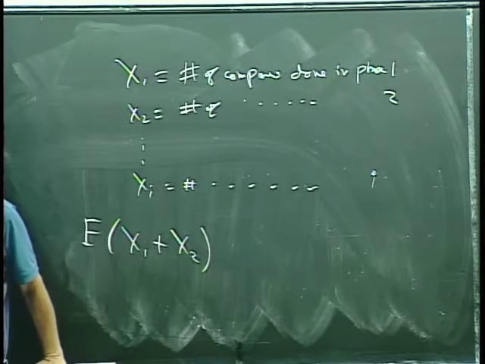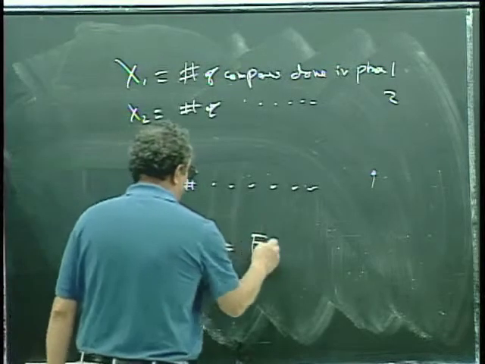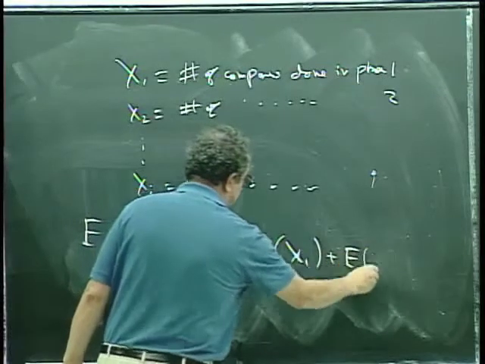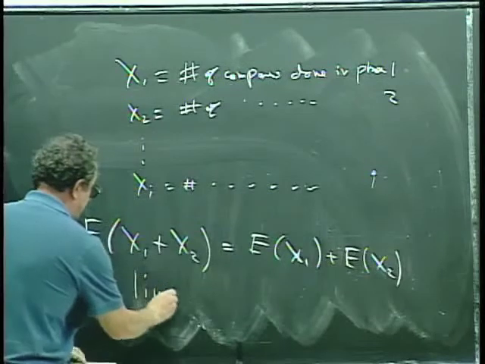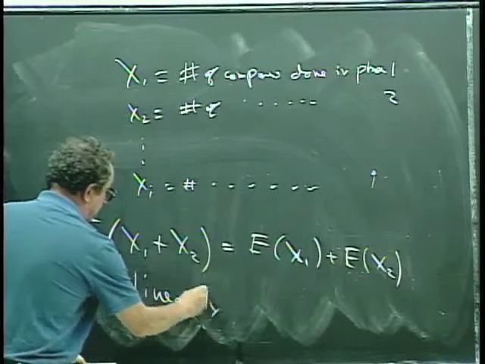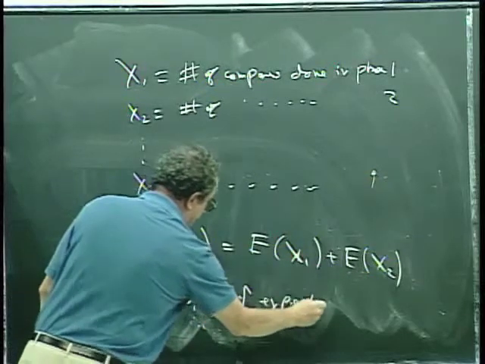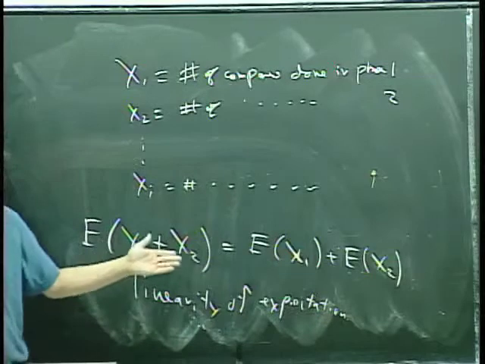I don't know what the first is, maybe just the definitions of things. This is the expected x1 plus expected x2. This is called the linearity of expectations. Okay, so you just get this nice decomposition.